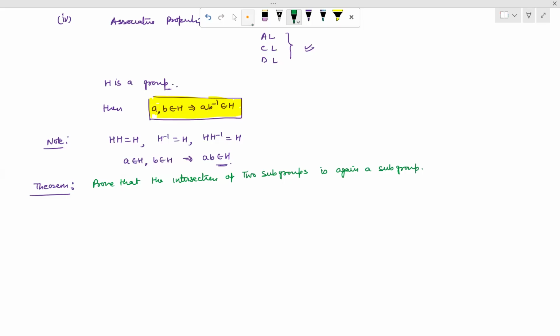When we prove this theorem, we assume that H1 and H2 are any two subgroups.